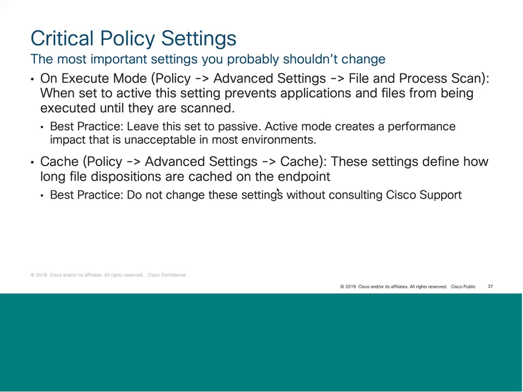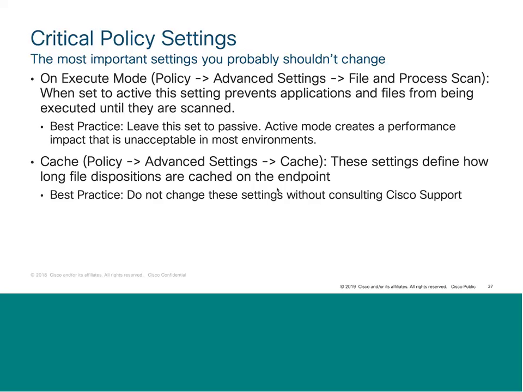Now, we also have cache settings. These will handle the unknown, clean, and malicious caches on the endpoint. Now, each of these has a defined TTL, and they're defined that way to prevent excessive lookups and bandwidth utilization for those lookups.